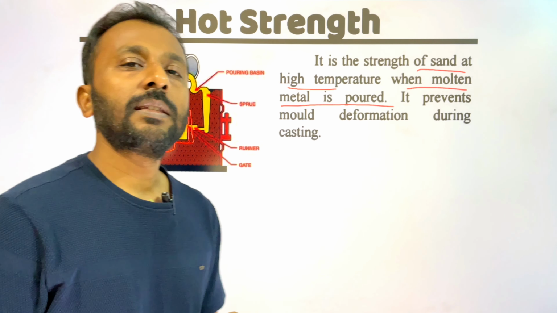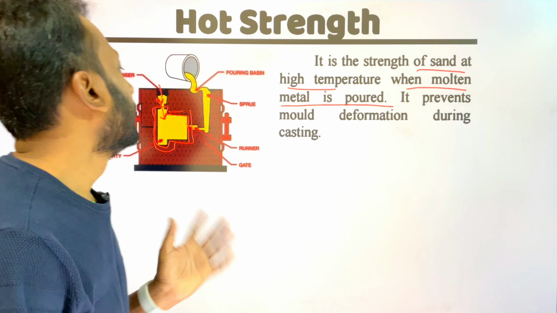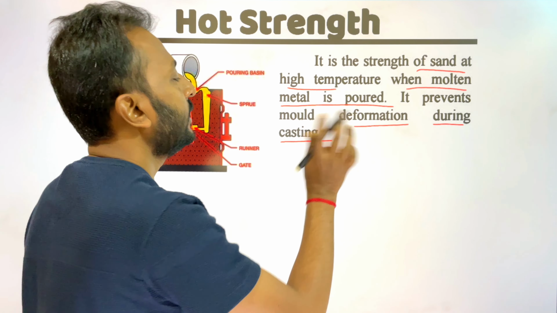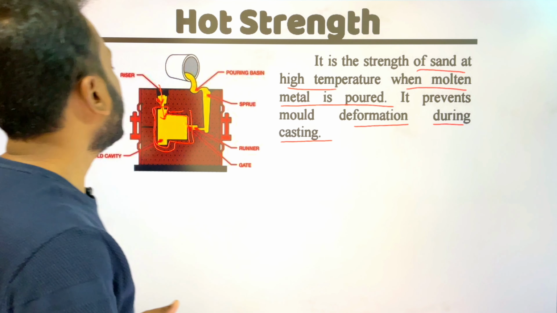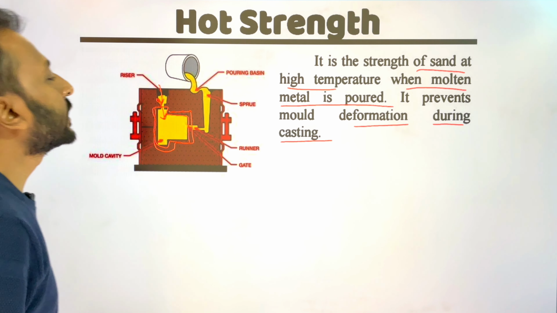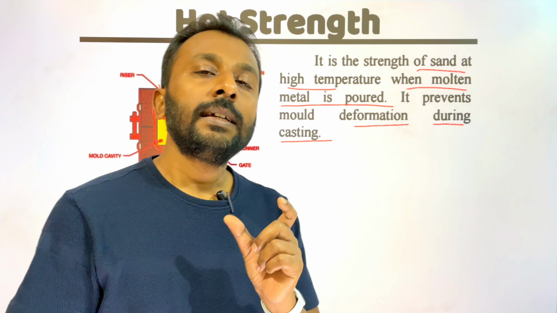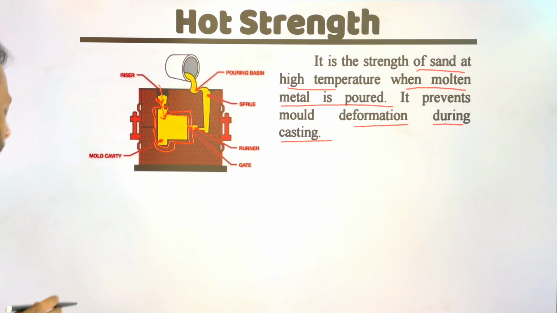So it resists the high temperature of the molten metal and prevents mold deformation during casting. Also it resists the metallostatic force of the molten metal and remains in the condition that we want.